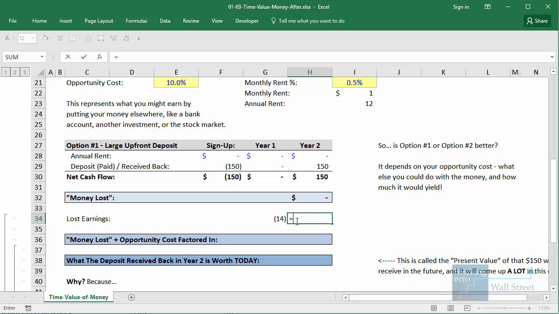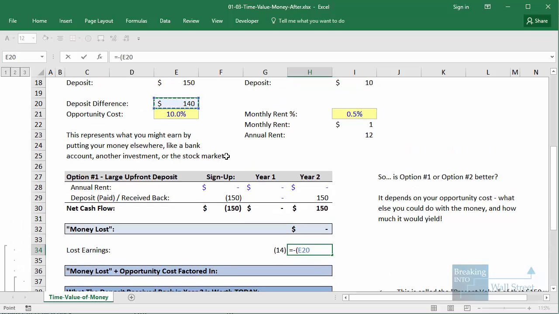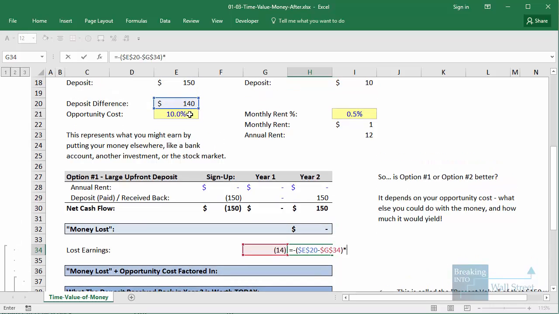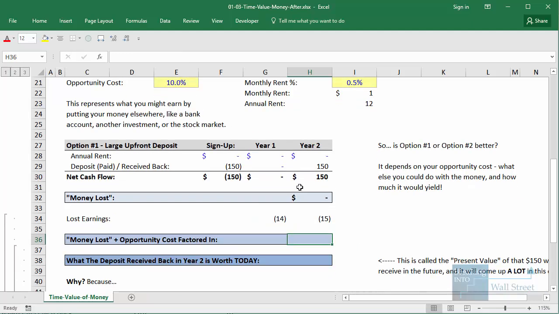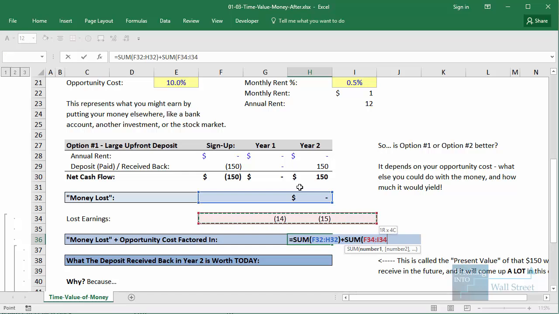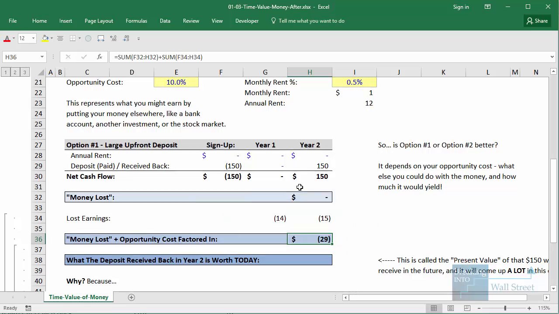And then for the lost earnings in year 2, we have to factor in both the deposit difference here and then also the amount of earnings that we lost in year 1 as a result of putting down this much higher deposit in the first place. So we have to include both of those to be completely correct here, multiplied by the 10% opportunity cost once again. And so once you factor in the money lost plus the opportunity cost, we get to this figure of $29,000.